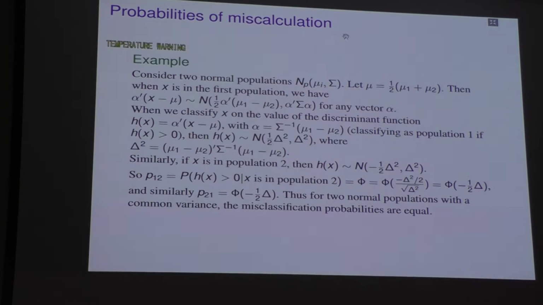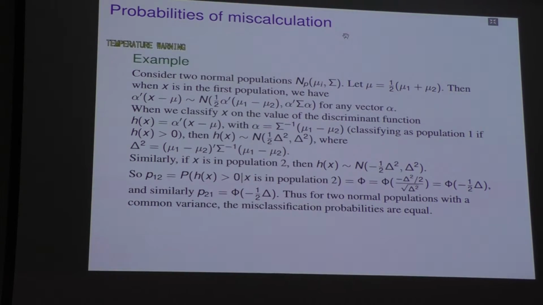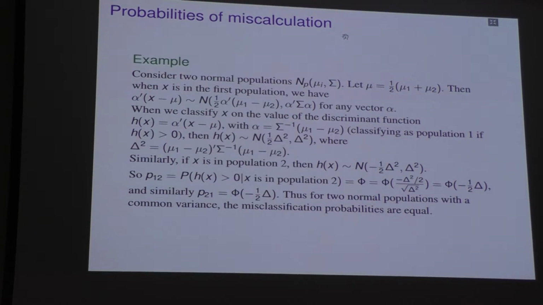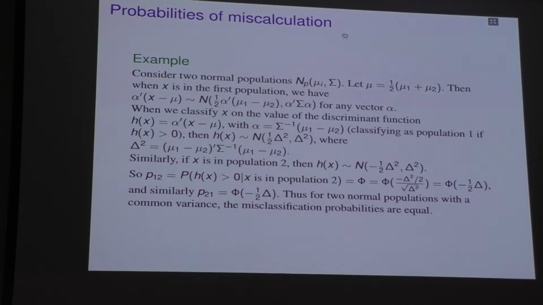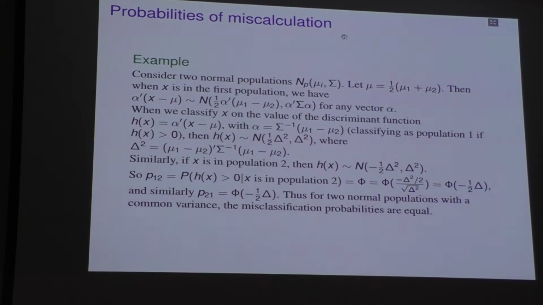So you can just read them off easily. And of course, then we can see that the probabilities of classifying things correctly are just 1 minus these things.